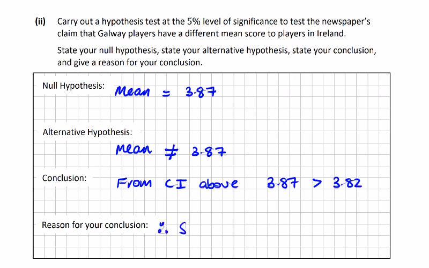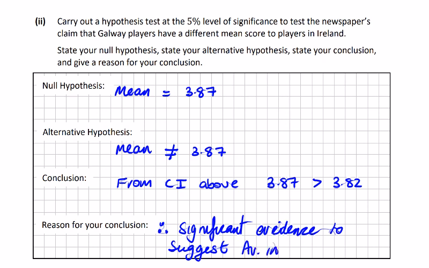Therefore, significant evidence to suggest that whatever we were dealing with, it doesn't matter what the question is about. In this case, it's the average in Galway. The average in Galway is different.